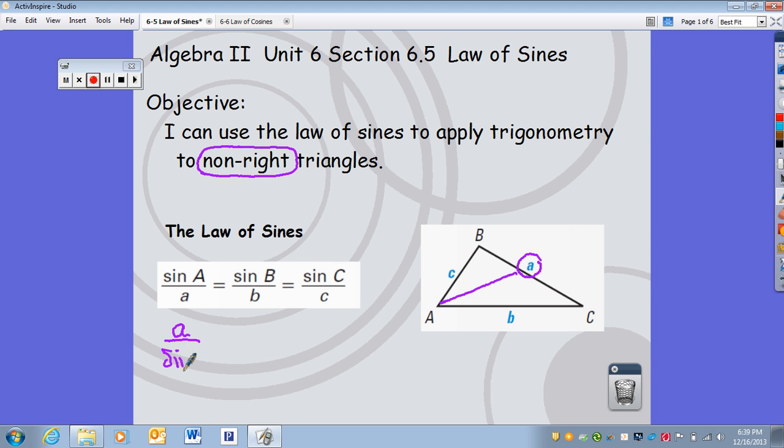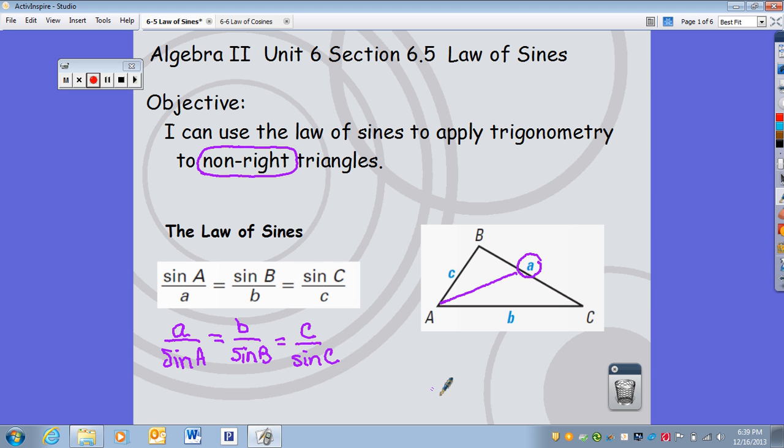So side a in ratio to the sine of angle A, side b in ratio to the sine of angle B, and side c in ratio to the sine of angle C, whichever is easiest as we begin to solve.